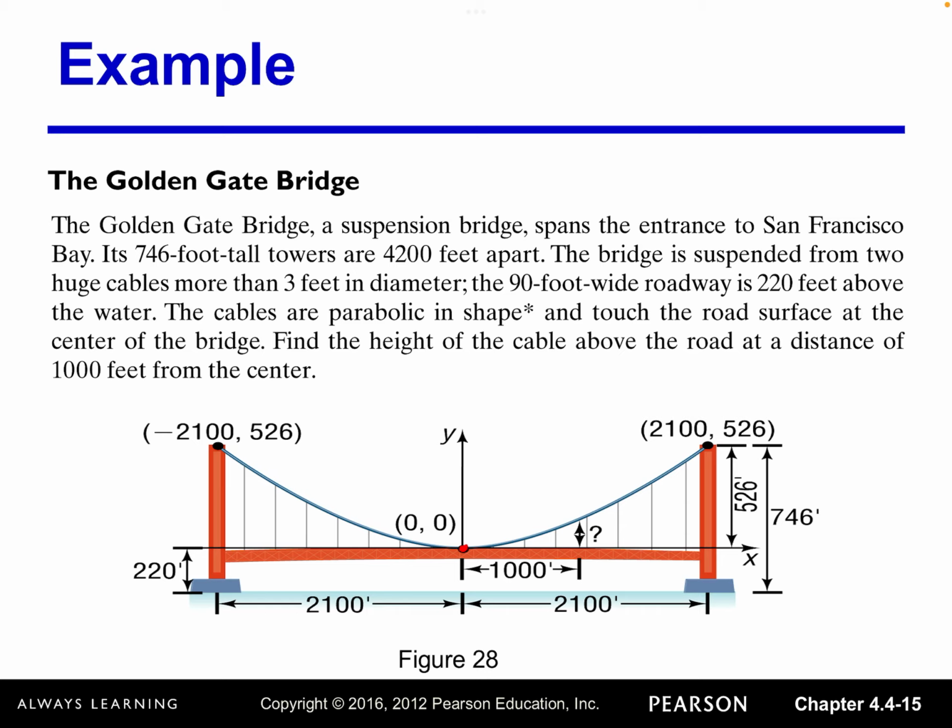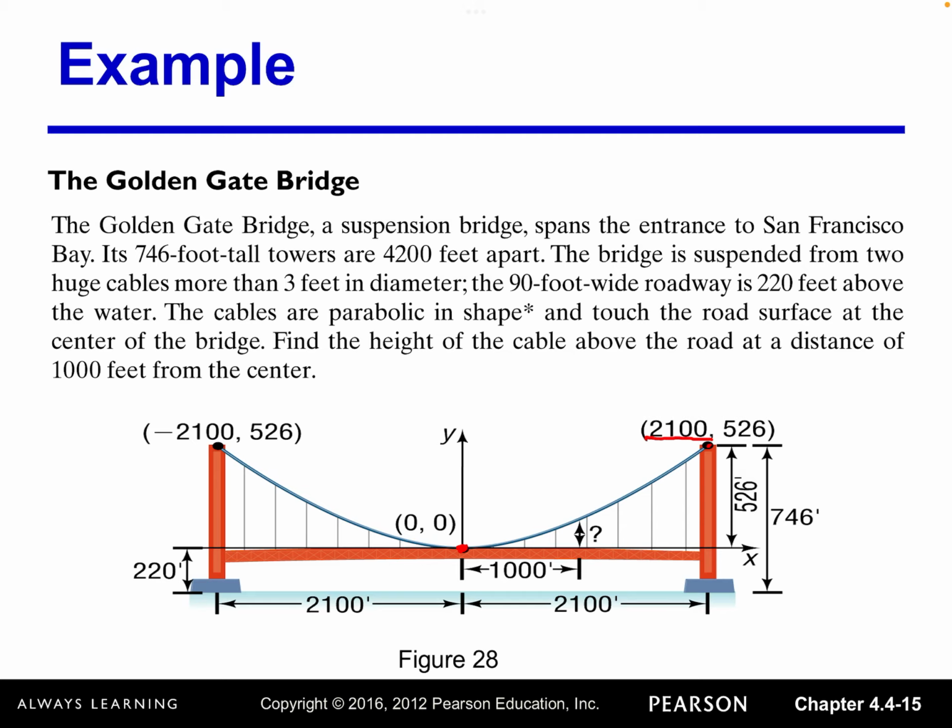the total span of this bridge is 4,200 feet apart, right? And then we know the parabola has a symmetrical property, so that means half of the parabola will be 2,100 feet apart. Okay, so that means this point's x coordinate will be 2,100. And then what is the y coordinate?